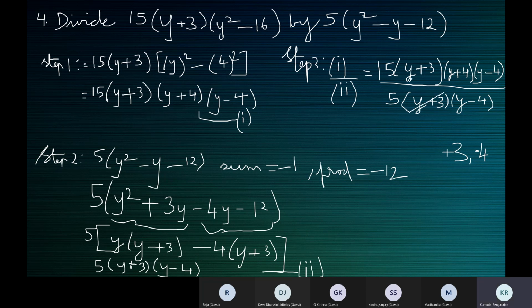So y plus 3, y plus 3, y minus 4, y minus 4. 5 ones are, 5 threes are. So the final answer or the quotient is 3 into y plus 4. Yes or no, children? Yes, ma'am.